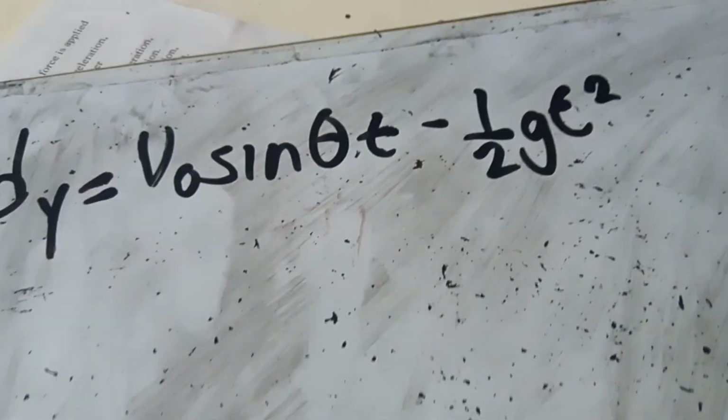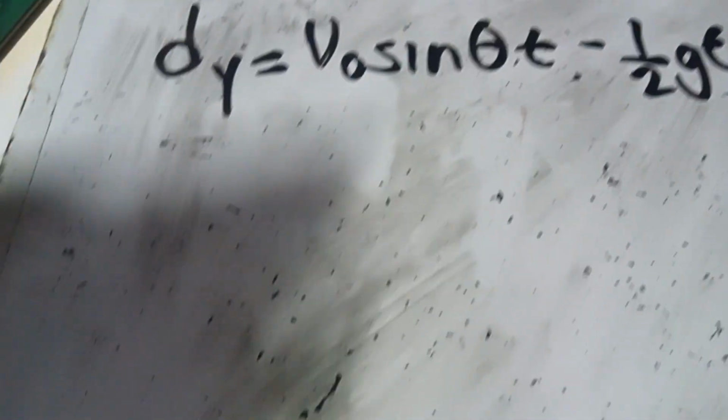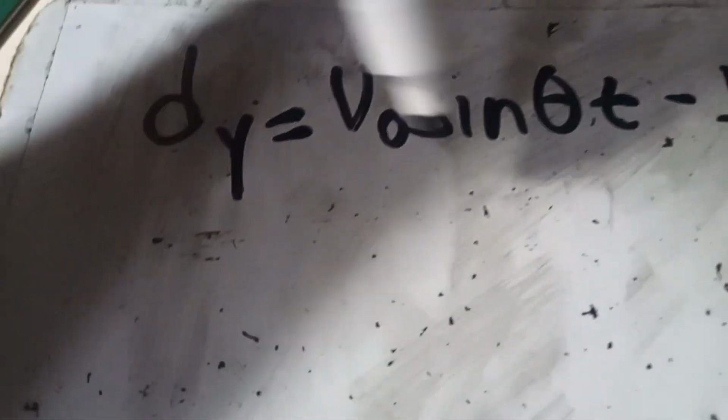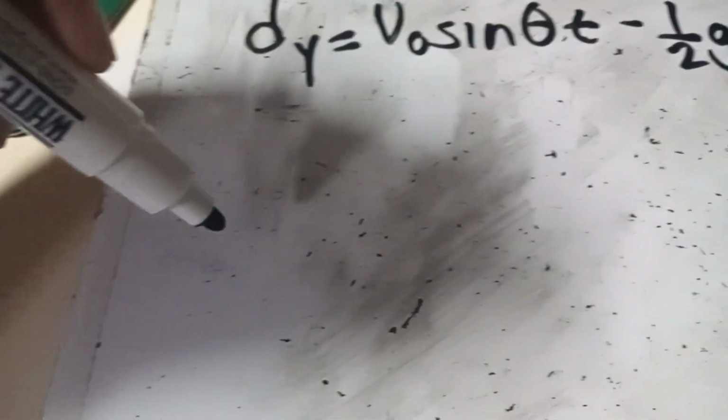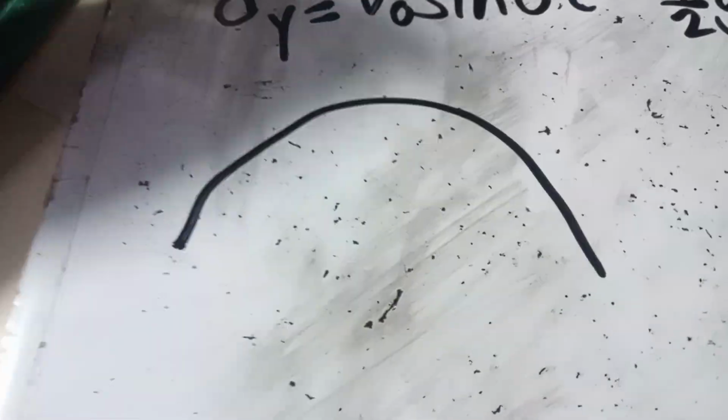So this is actually just a graph of your height as time changes. And v naught sine theta is like the slope, and this is just some constant, which will just change the position of the graph. So this is basically dy. And don't forget v0 and theta.